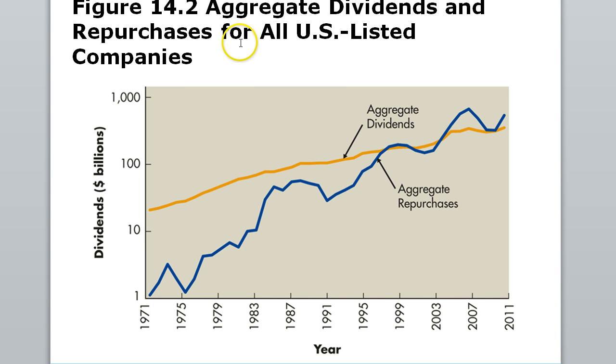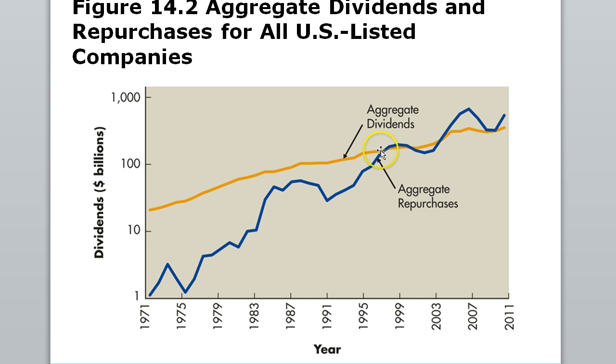Okay, so let's look at the aggregate dividends and purchases for U.S. stock. Here are the dividends in orange this time, and then stock repurchases. We can see here that for most of the past 40 years, dividends have been a higher amount in billions paid out than stock repurchases.